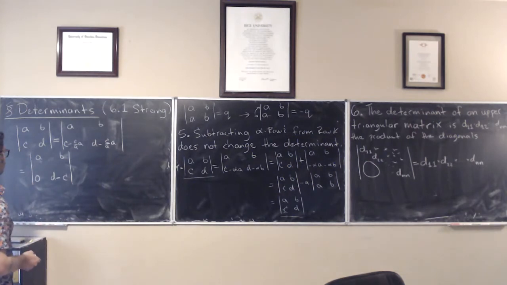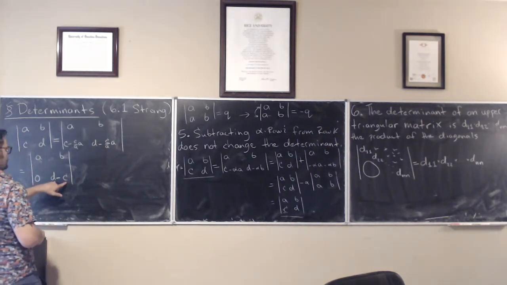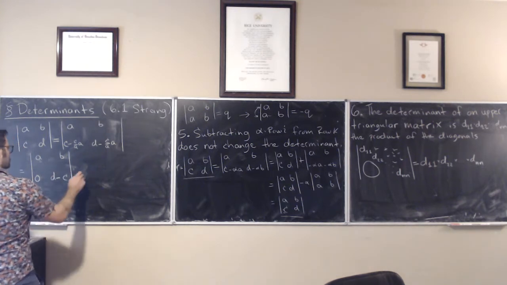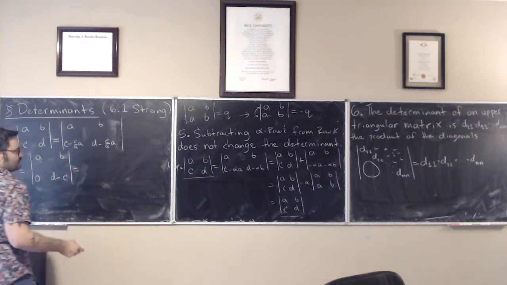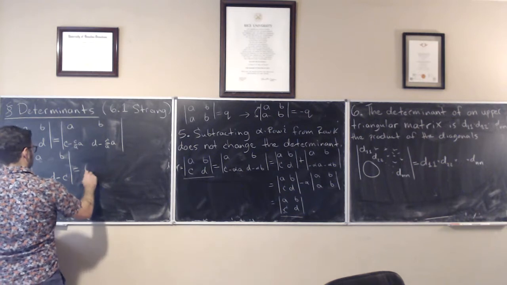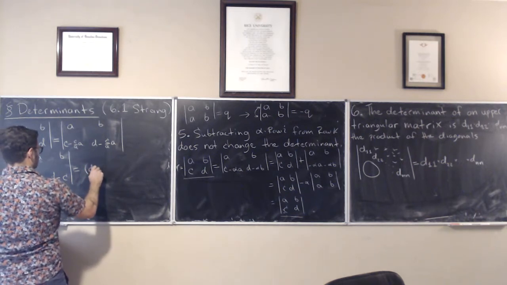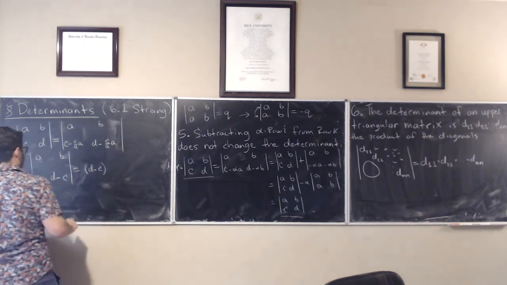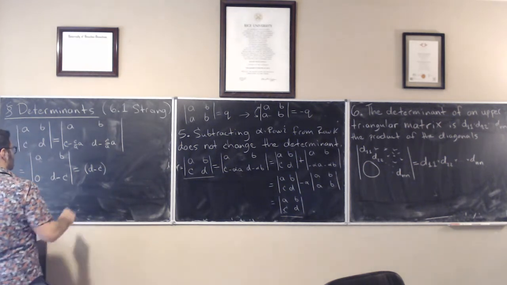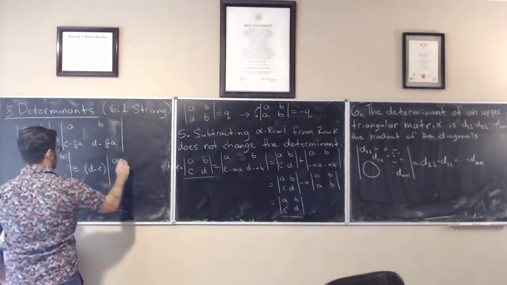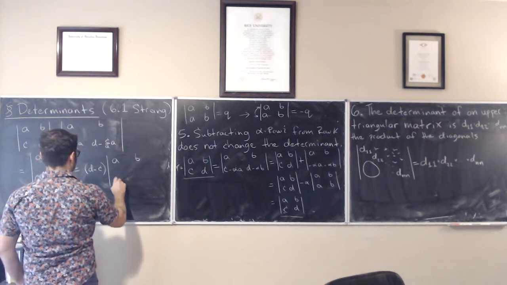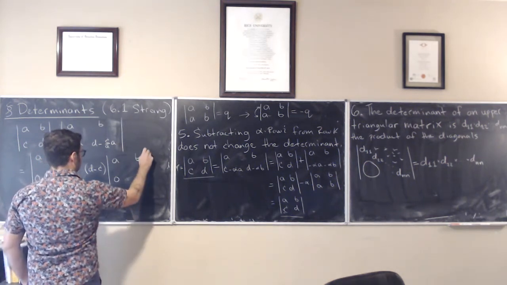So let's go ahead and factor out D minus C from this row alone. And we know that by property 3a, it's going to be D minus C times the determinant of AB 0, 1.